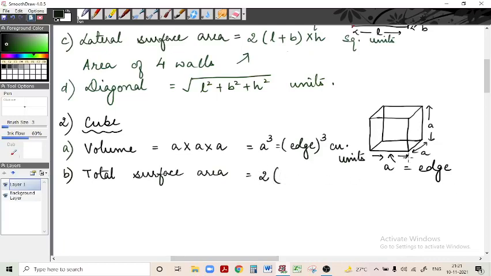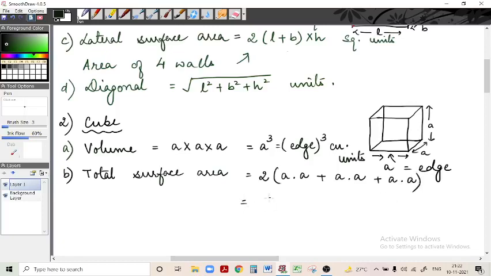I am using the same formula as I used in the cuboid. So twice of length into breadth, dot means product, right, plus breadth into height, that is also A, plus height into length.